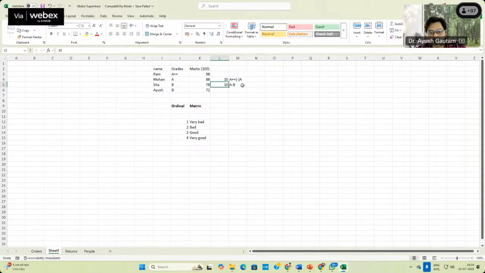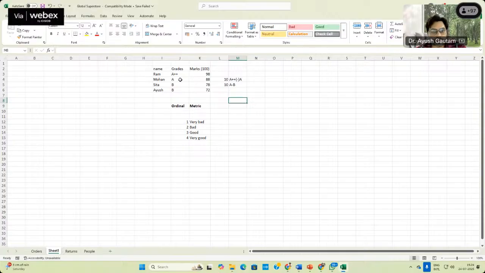Get it? Because I cannot say that A minus B equals 10, that's why A, B, C, D are ordinal data. But here I can directly say 88 minus 78 equals 10, which is always constant, whatever the scenario is, for all the courses. Maybe in some courses the grades are very nearby because students perform so well that there is not much difference in their marks, but there is a difference in their ranks.